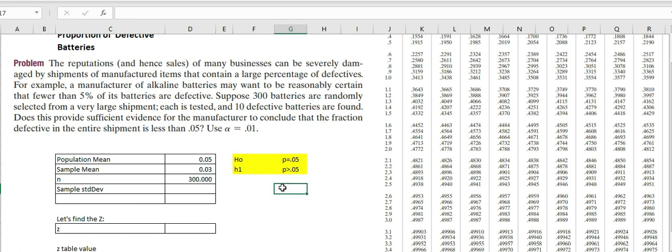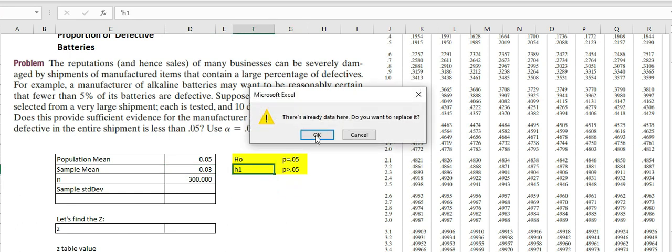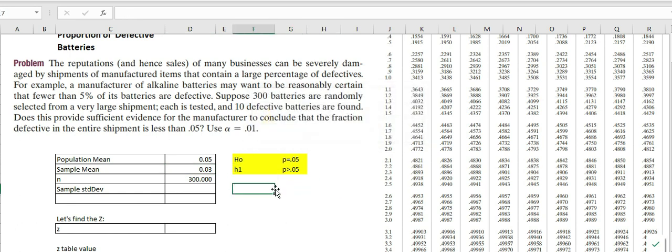We wanted to see here the population proportion of defectives. It says that the reputations of many of these countries are severely damaged by shipments of manufactured items that contain a large percentage of defectives. For example, a manufacturer of alkaline batteries may want to be reasonably certain that fewer than 5% of these batteries are defective. That's their claim.